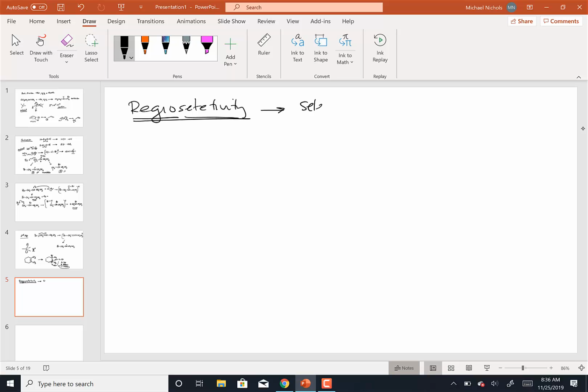First of all, what does it mean to be selective? It means that you are doing what? You're choosing one over another, right? You're choosing one of a number of possibilities. If you do not have those possibilities to choose from, you cannot be selective.